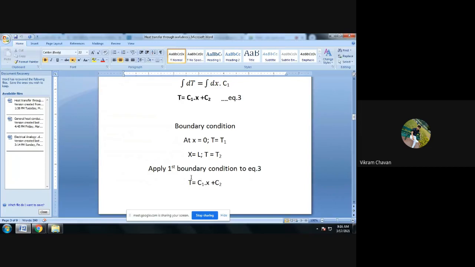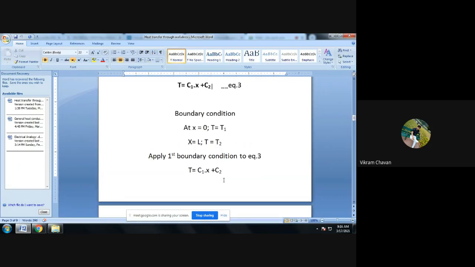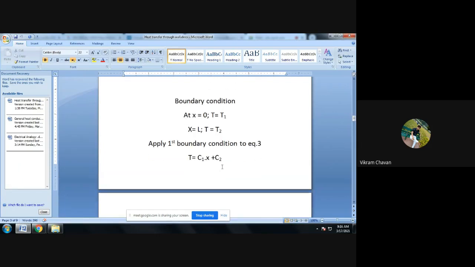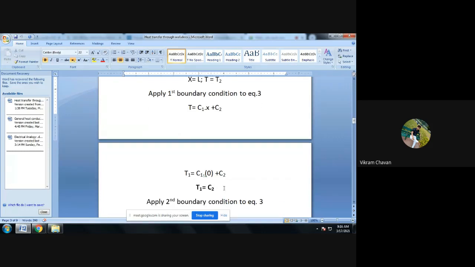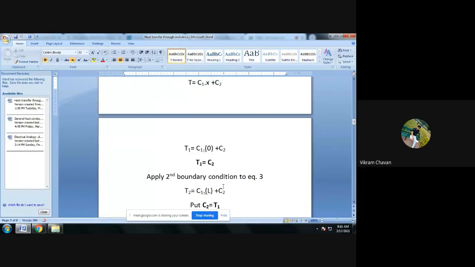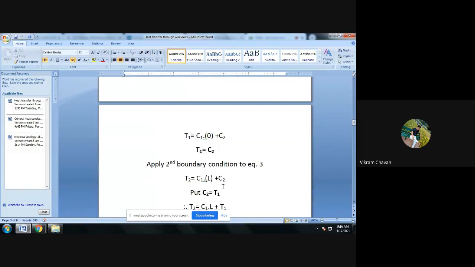So applying the first boundary condition, T = C1 x + C2 is our equation number 3. In that we put the values of the first boundary condition. When x = 0, T becomes T1, so we get T1 = C2. Then apply the second: when x = L, T becomes T2.